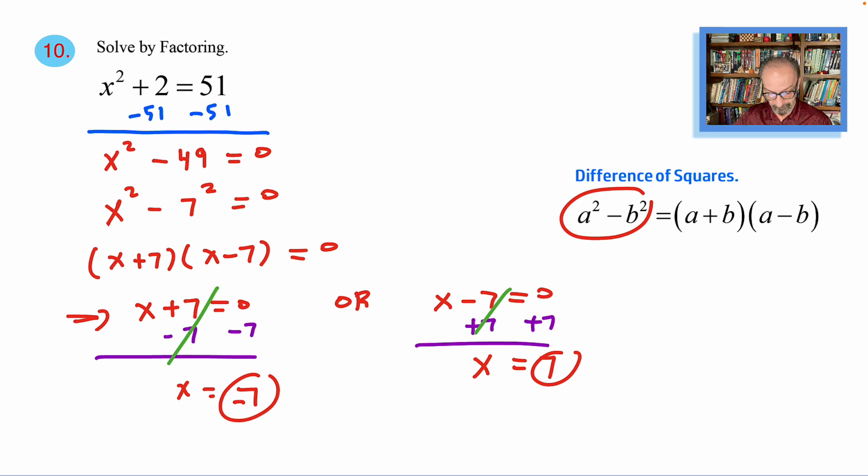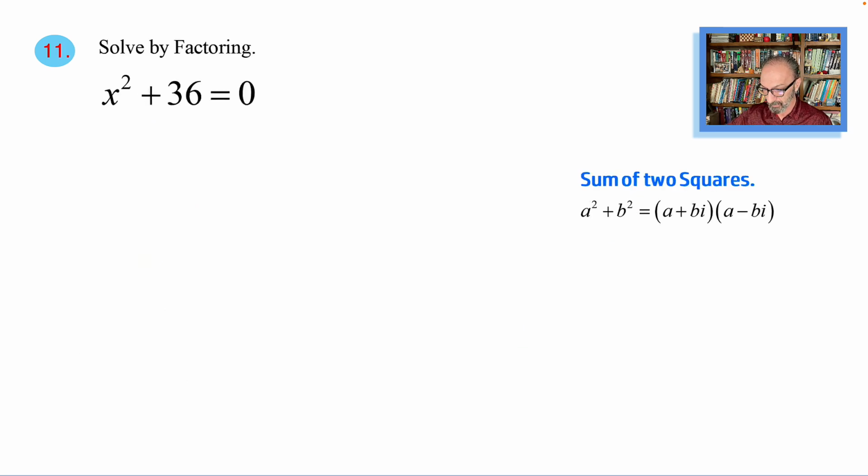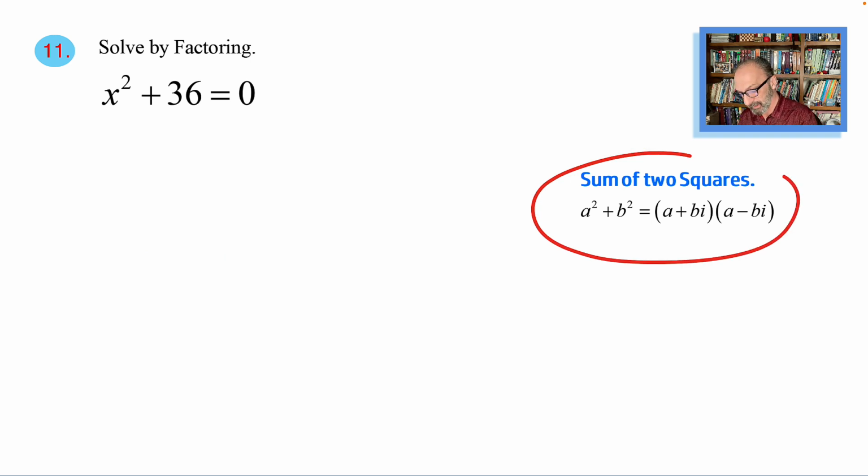Number 11. In this case, it's not a difference between two squares because I do have a plus. So we will use the conjugate concept, which is right here. First, let's look at it and apply that it looks like a squared plus b squared. That is x squared plus 6 squared. Now it looks like a squared plus b squared. So on the left side, it's going to be a plus bi.